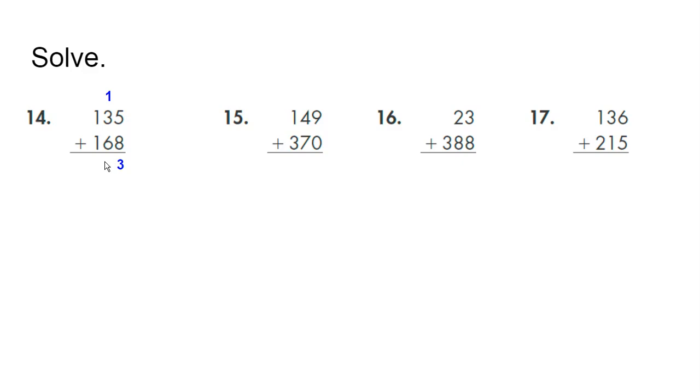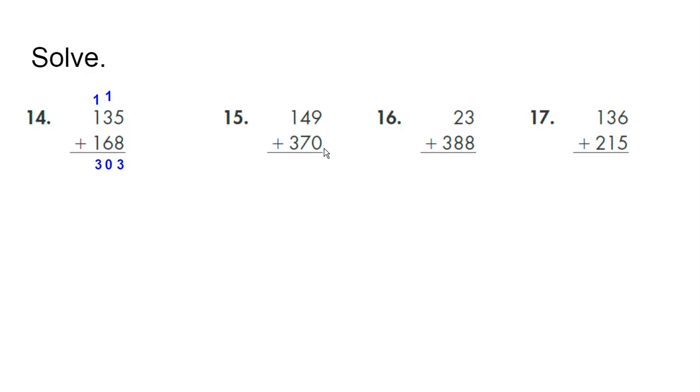If I was looking at the number 100, it would be 0 tens, right? And then I'd regroup and bring my group of 100 over to the hundreds place. Okay, so now I can add my hundreds. 100 plus 100 plus 100 equals 300.